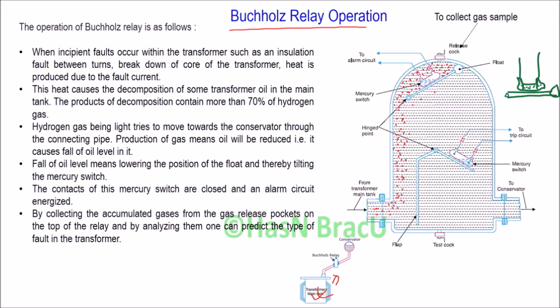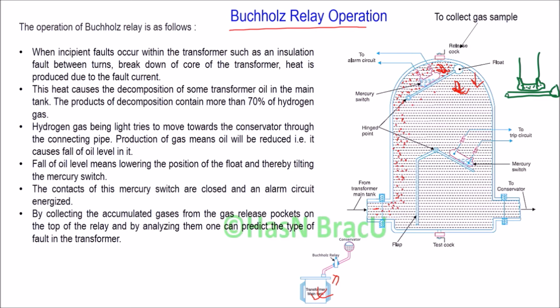Since this main tank is connected to the conservator through this Buchholz relay, if the gas is produced and oil level is reduced, that means the oil level in this Buchholz relay container will also be reduced. And this fall of oil level as well as the pressure of this gas cause this float to move downward.